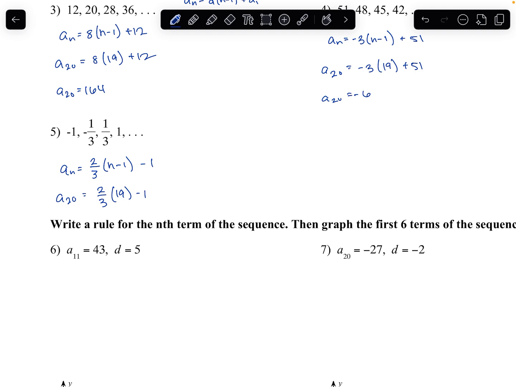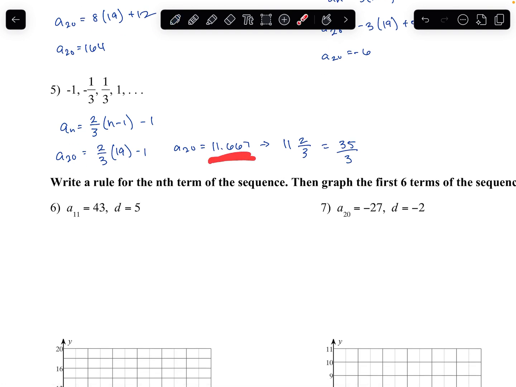And I have that the 20th term is equal to 11.667. That's the same thing as 11 and 2/3, which is equal to 35/3, I think. Yeah, 35/3. That's fine too, though.